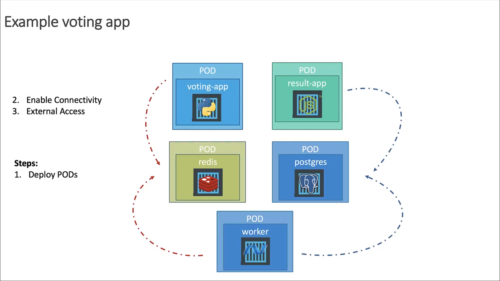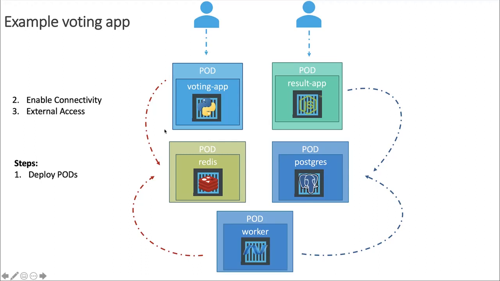So we know that the voting app is accessed by the external users, the voters, and the result app is also accessed by the external users to view the results. So most of the components are being accessed by another component, except for the worker app. Note that the worker app is not being accessed by anyone.